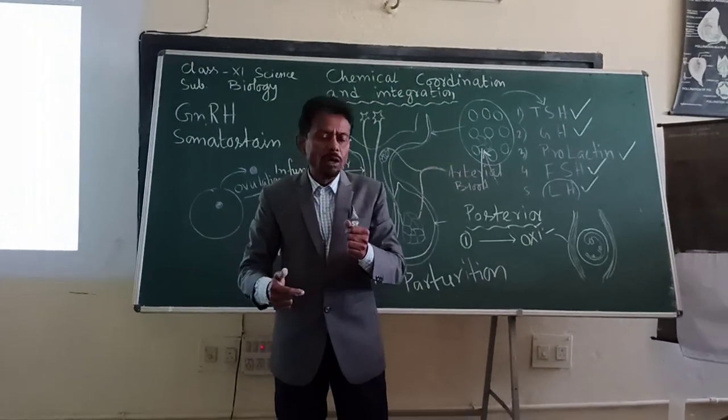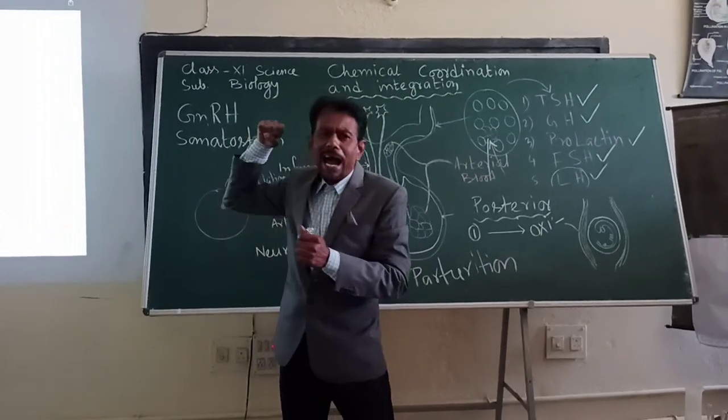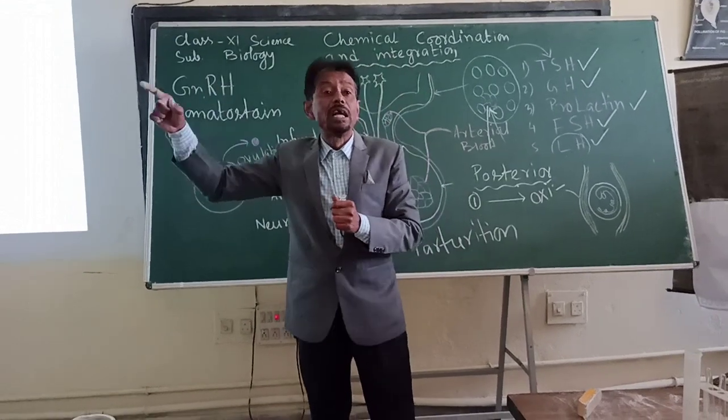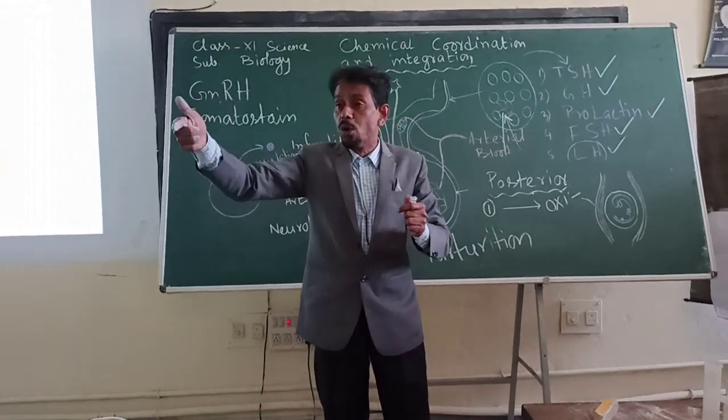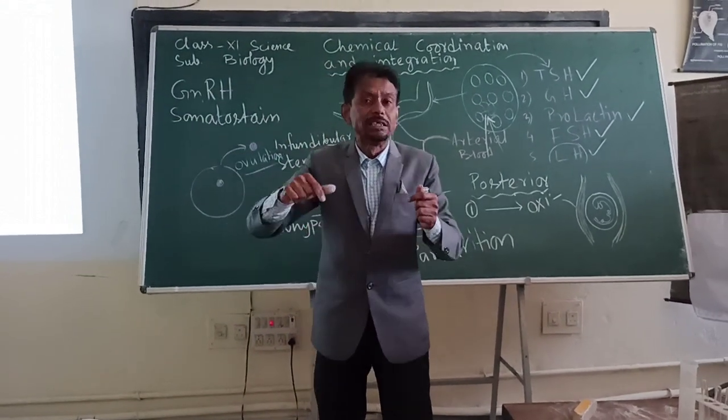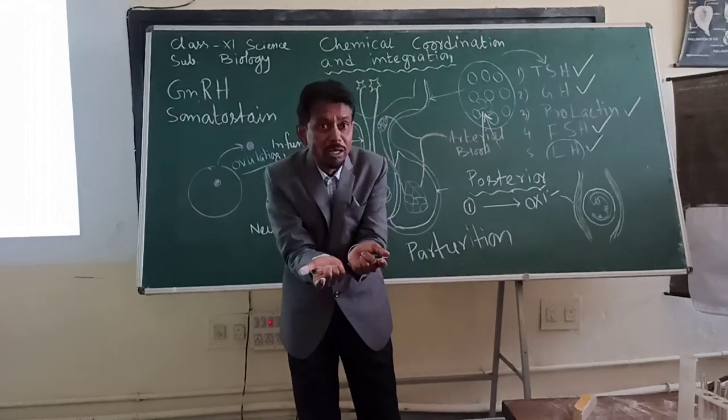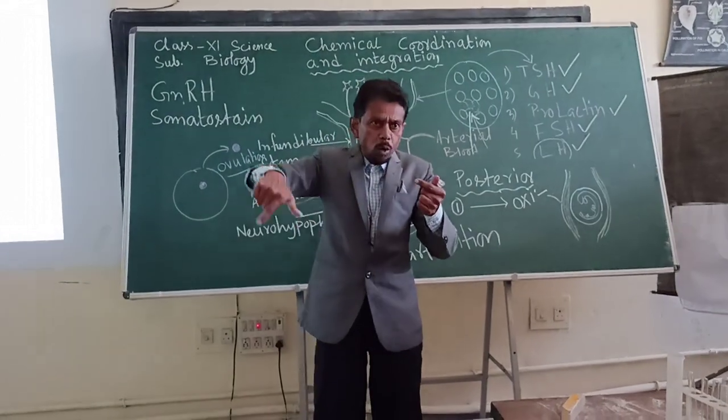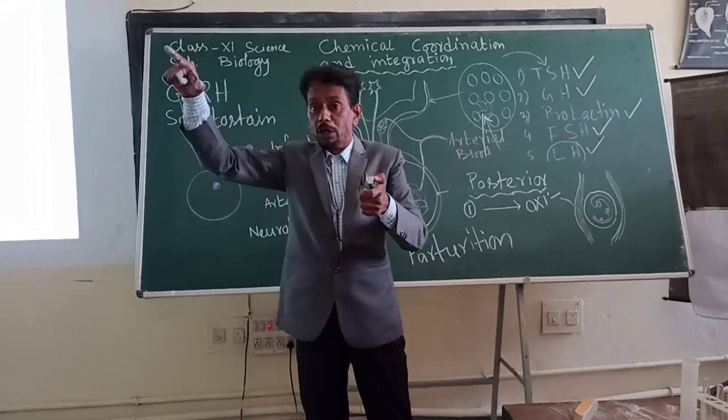This hormone acts on the renal tubule. As you know, the nephron has the proximal convoluted tubule, then the Henle loop, and then the distal convoluted tubule.